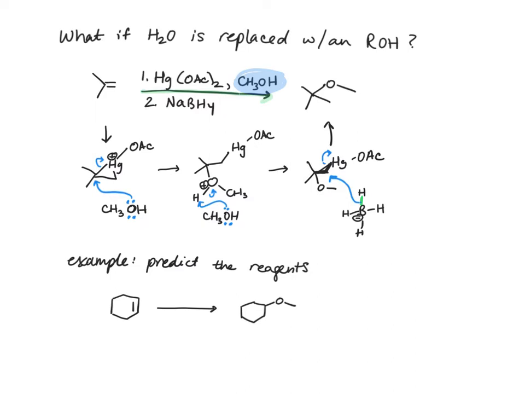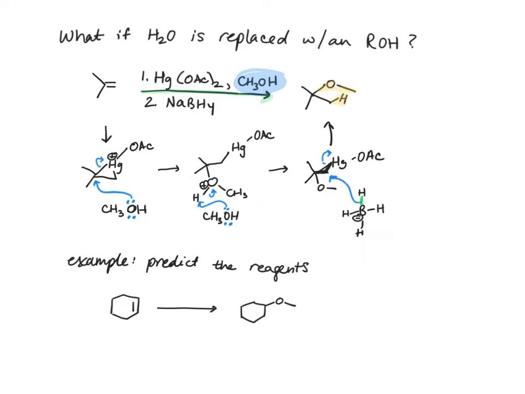That gives us the ether shown above. And so what you've done is added methanol across the pi bond.